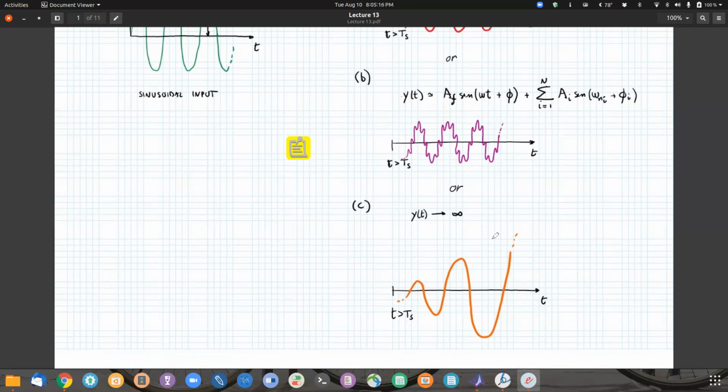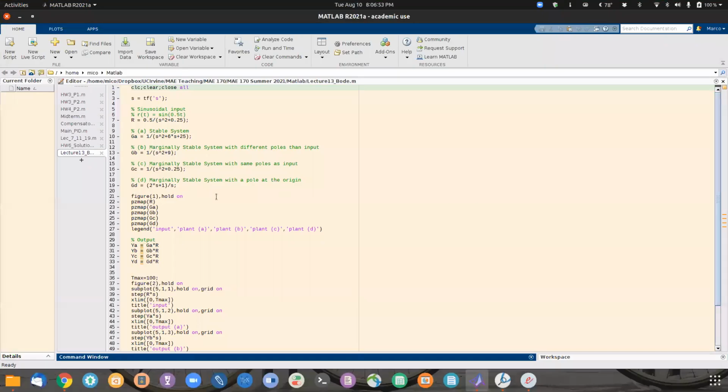So before going on and describing the Bode plots, I want to show you a simulation using MATLAB. Here I want to simulate the cases that I've just shown you, plus a fourth one.